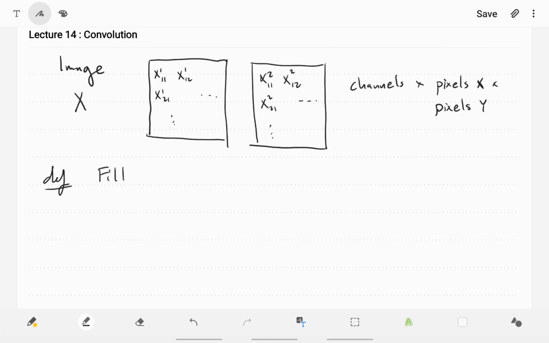A filter bank, you can sort of think of them as small predefined images. We'll just call them predefined images.